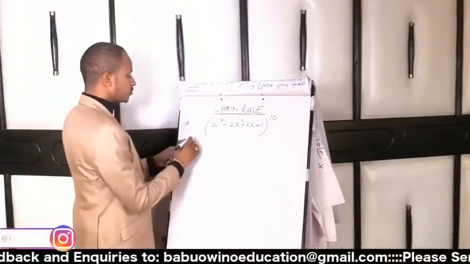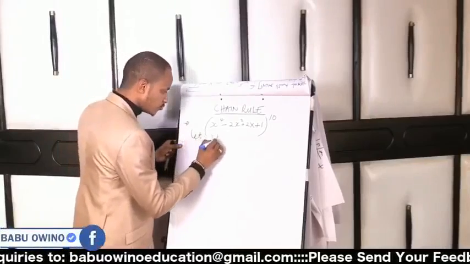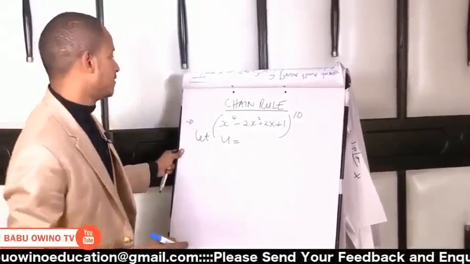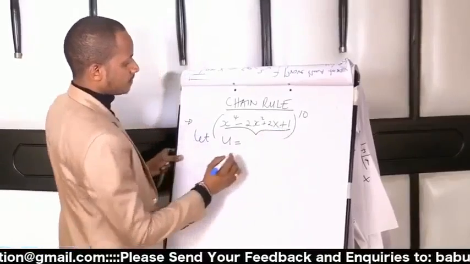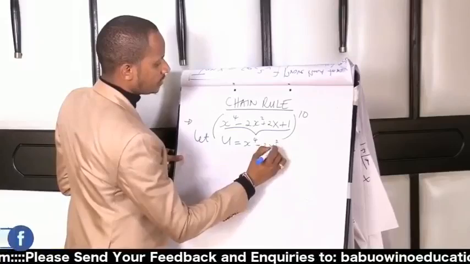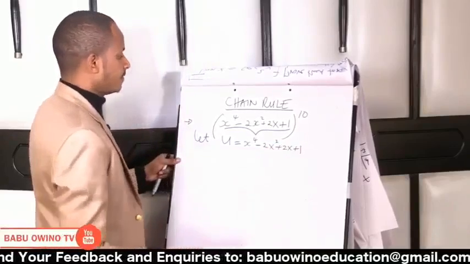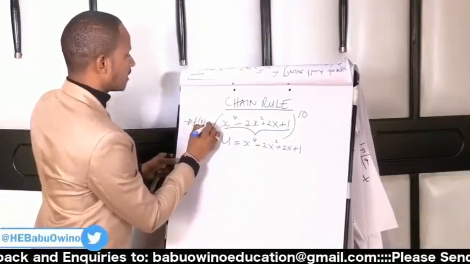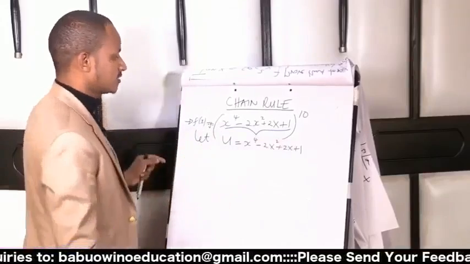So using chain rule, the first thing you do, let u be equal to this function, which is x raised to power 4 minus 2x squared plus 2x plus 1. So if our function is f of x or y equals this, then u is equal to this.